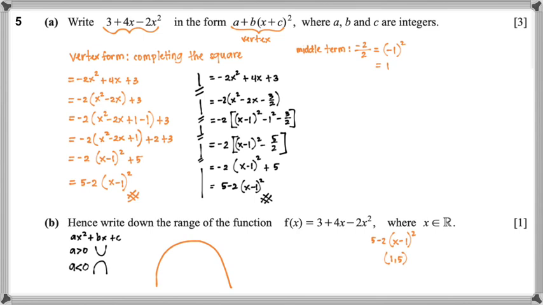So from here, I dotted it in green, it's 1, 5. Hence, the range of the function is f of x less than or equal to 5. And that's for letter B. That's why it's only 1 mark.